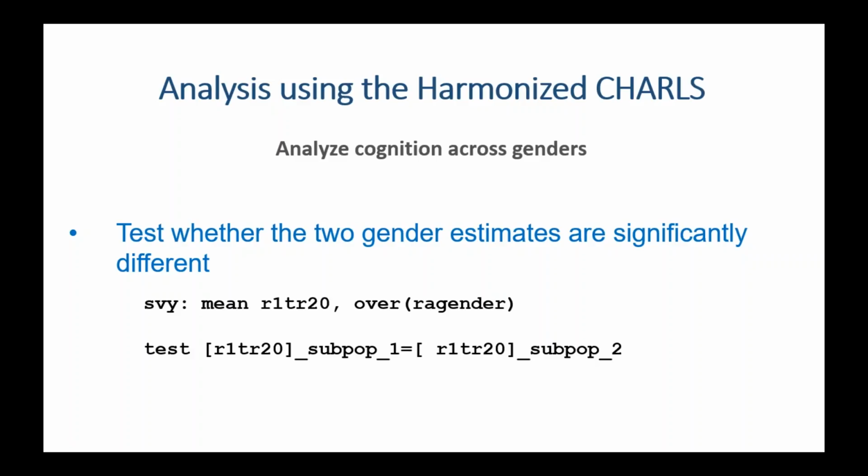It'll give us two estimates. And then what we can do is test the difference in those estimates. Stata will default here to a Wald test. And so the code that you use to do this is test. We're going to name our variable, subpopulation 1 is equal to, name the variable we're looking at again, subpopulation 2.